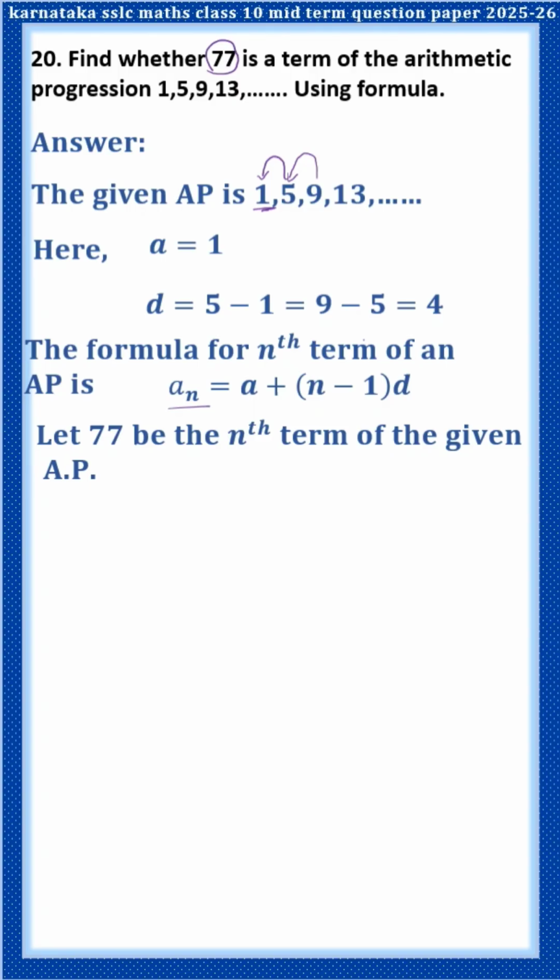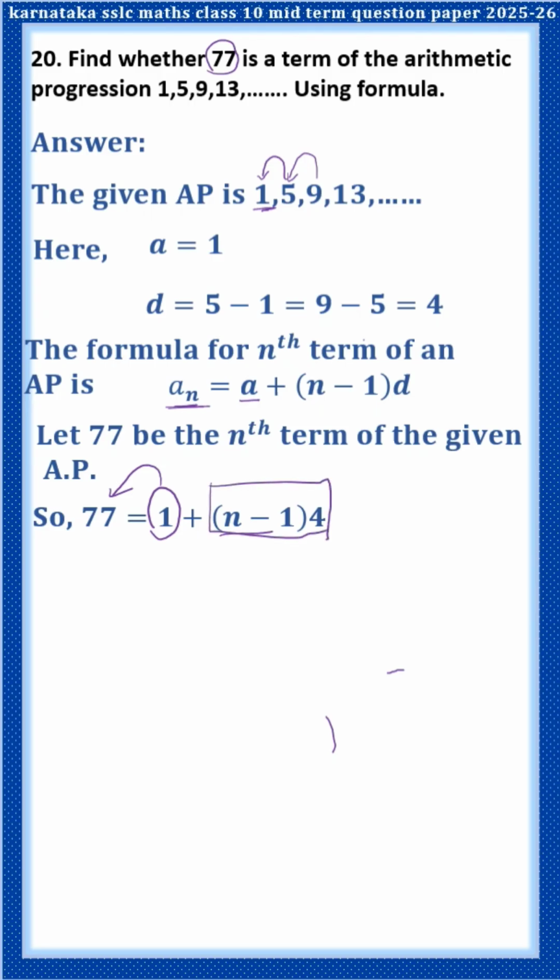Now let us substitute the terms. 77 is equal to 1, A is 1, An is 77, n minus 1, D is 4. Now let us transpose 1 to this side, or you can expand this one, but I am following this method. 77 minus 1 is equal to n minus 1 into 4. 77 minus 1 is 76, that is equal to n minus 1 into 4.